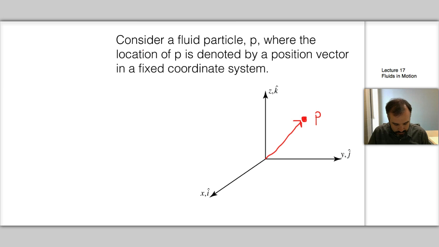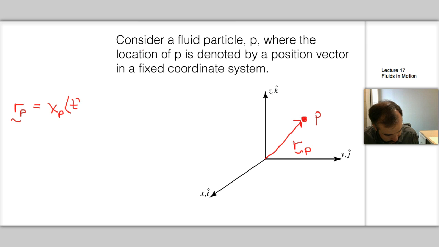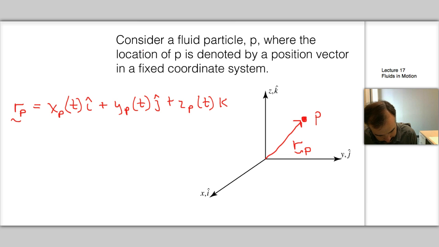And so you'll see me use vector notation a lot in the class. And so if we define that vector as r, it's a vector r of P, so that's the location of P. And we can write mathematically that r sub P, and it's a vector, is equal to x sub P of t i hat plus y sub P of t j hat plus z sub P of t k hat.